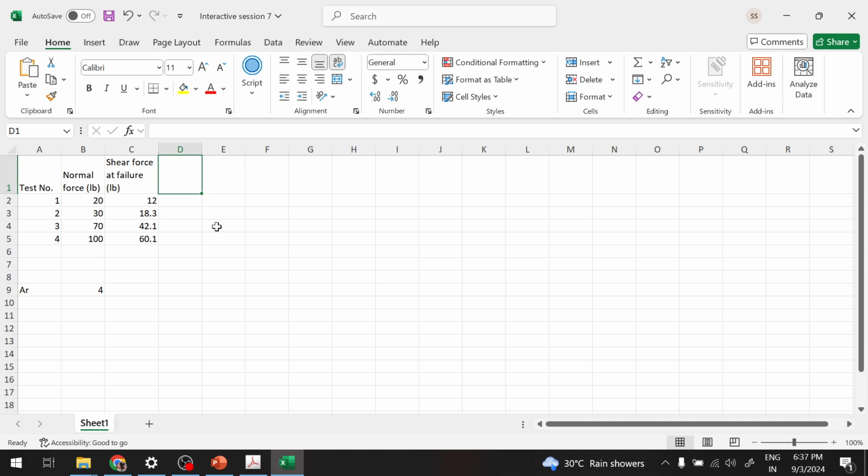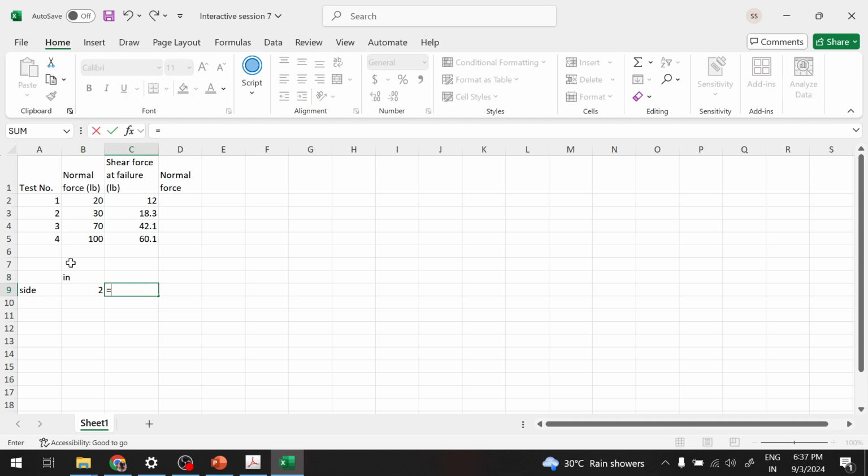So the normal force will be, let's call this, the side is 2 inch, which is equivalent to 1 into 1 by 12 feet.